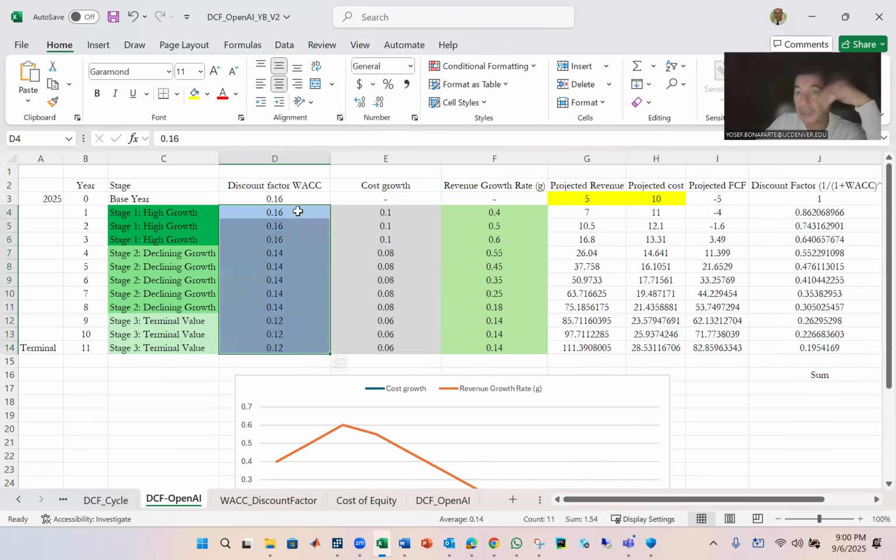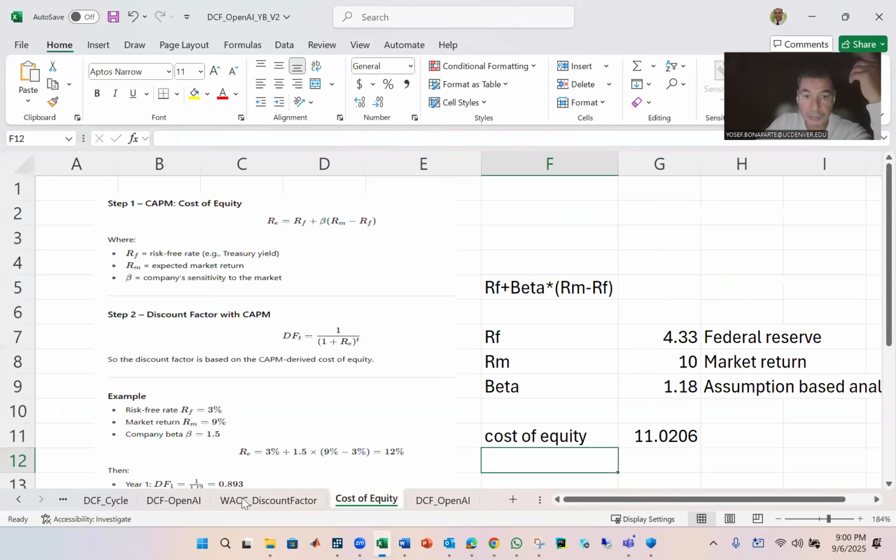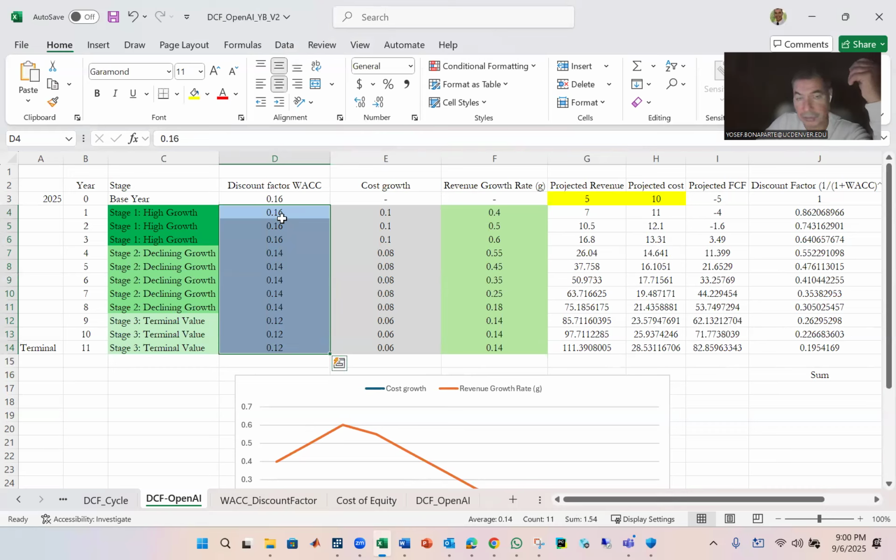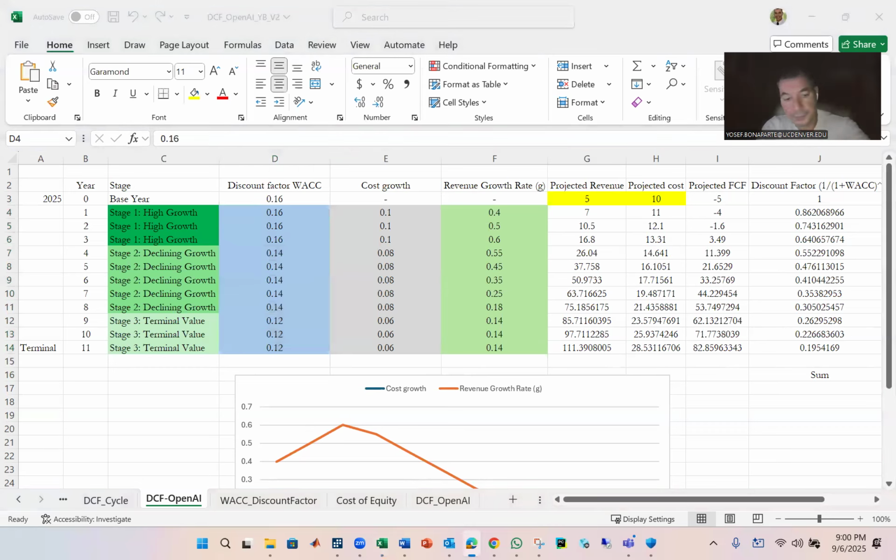You have to see a company with the WACC. We know it. ChatGPT is not traded in the market, so we didn't know the cost of equity. So we have to assume what WACC company is similar to ChatGPT, OpenAI. So I used 16. I asked ChatGPT, hey, what's the WACC of OpenAI based on similar companies traded in Wall Street in the stock market.